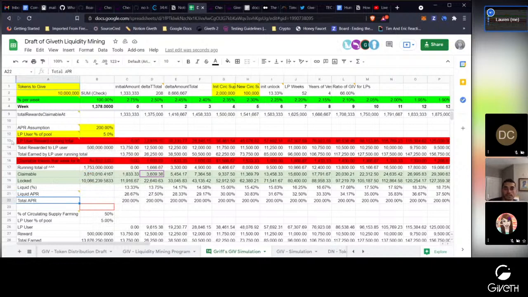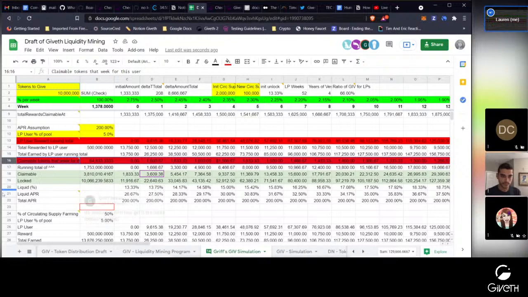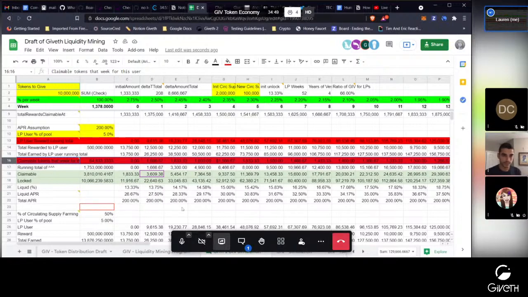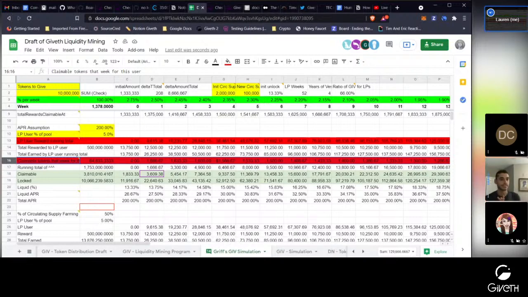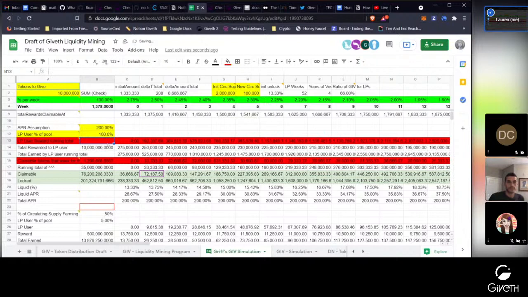So I think some of these rows I have to go back and double check, exactly how it's all working. But yeah. Cool. This helps us visualize what a whale's world looks like. Or we can just do all of it and just see the total numbers.